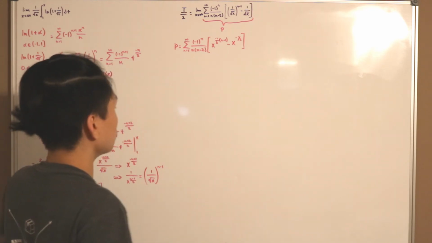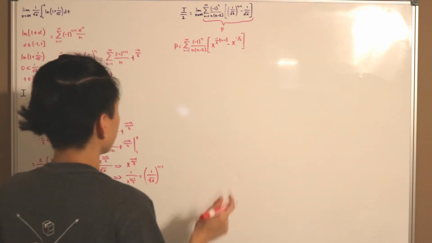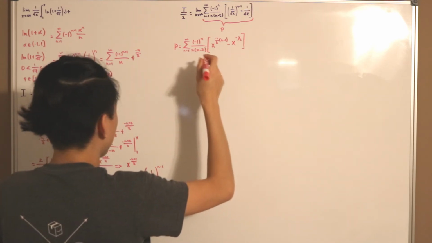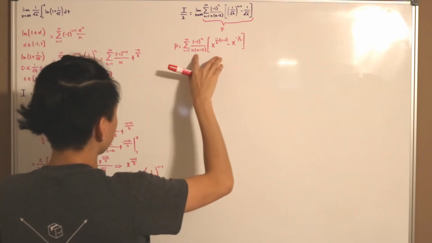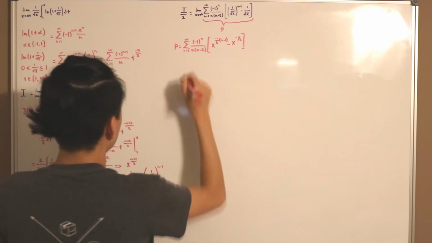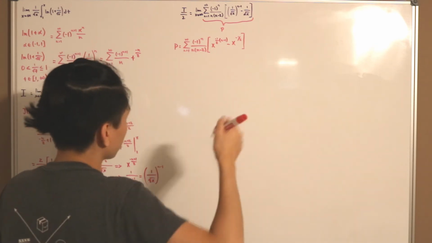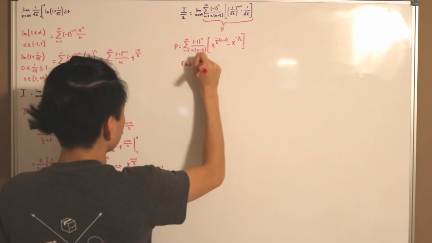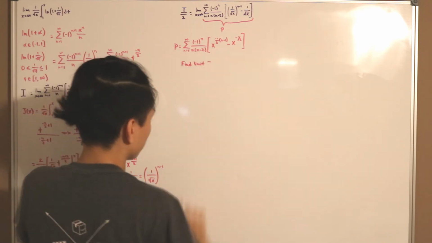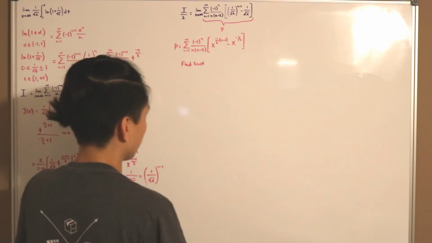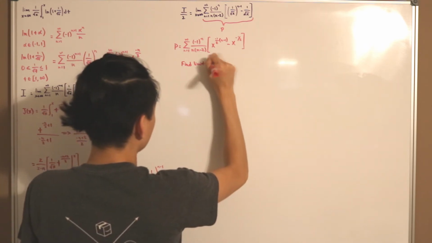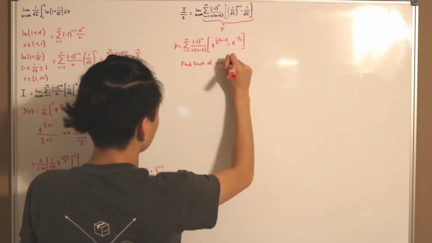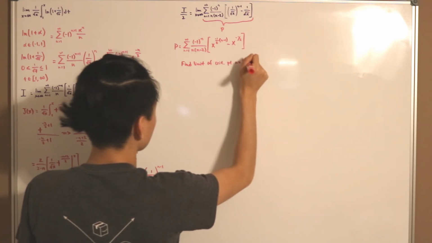So what we want to do first, before we do any of the expansions, is find the limit as n approaches 2 of this function here. Finding the limit at the critical point n equals 2.